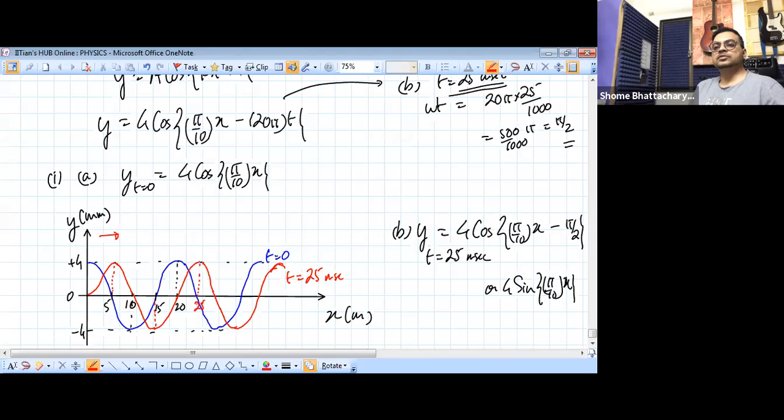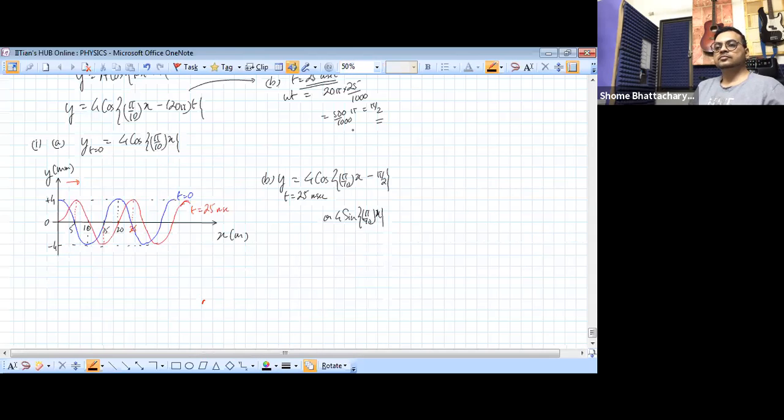So this is how the graph is transforming with time. Like that, you can try the C part yourself. In the C part, you have to plot y at t equal to 50 milliseconds. See how that works out.